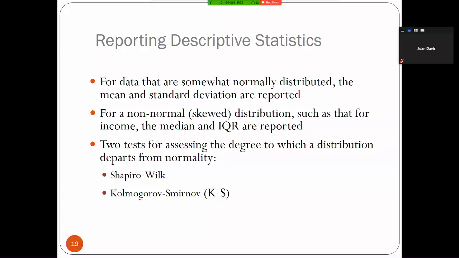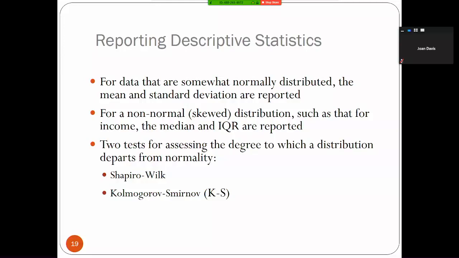When we have a skewed distribution, when the tail goes out to the right or to the left of the distribution, we tend to report the median and the interquartile range because they're a fair representation of central tendency and dispersion or variability.